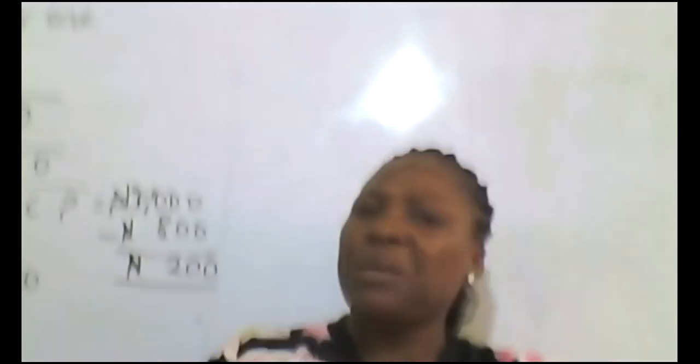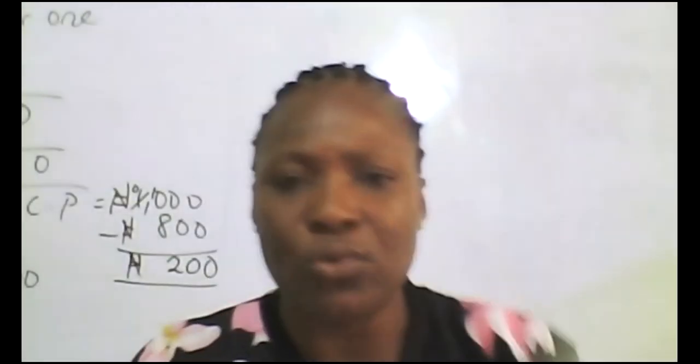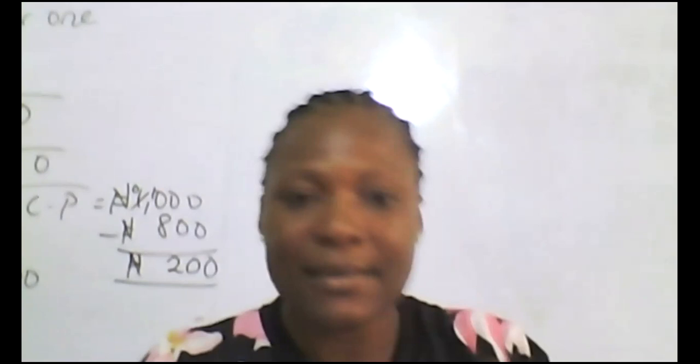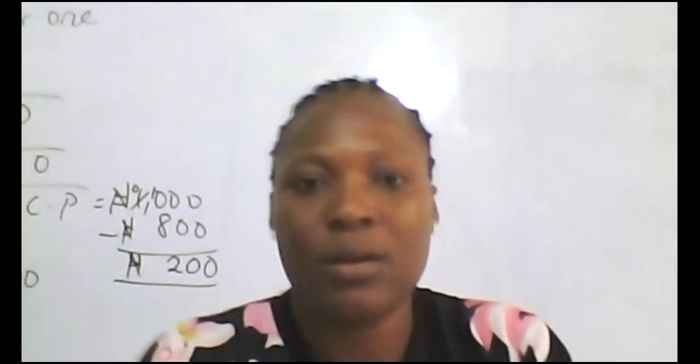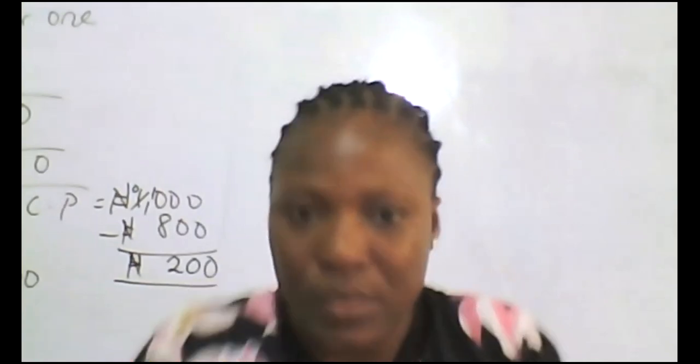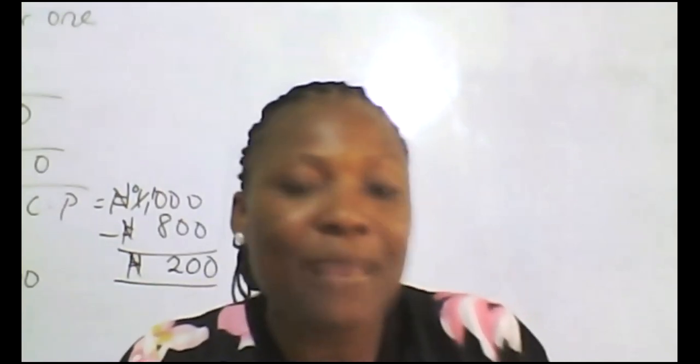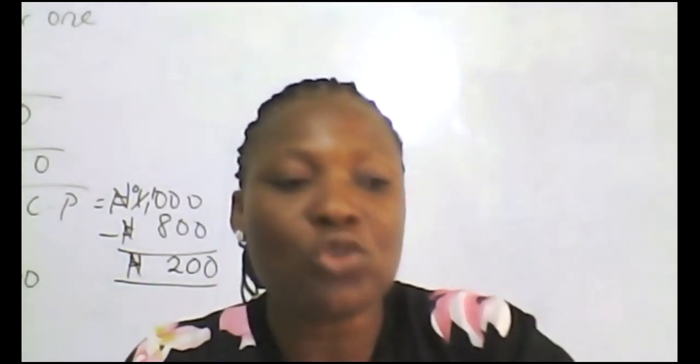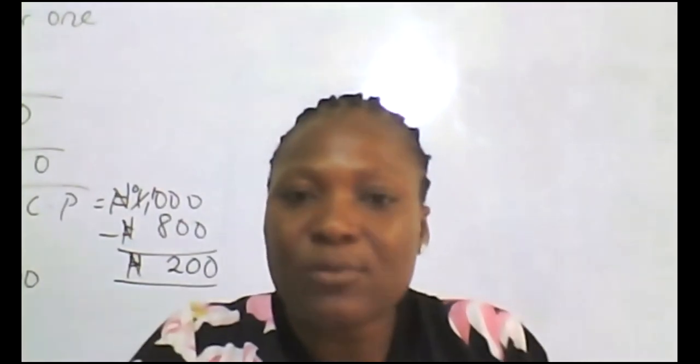That's why we looked at money before profit and loss. You can be asked to find the price for each of the items of goods, the cost price or the selling price.